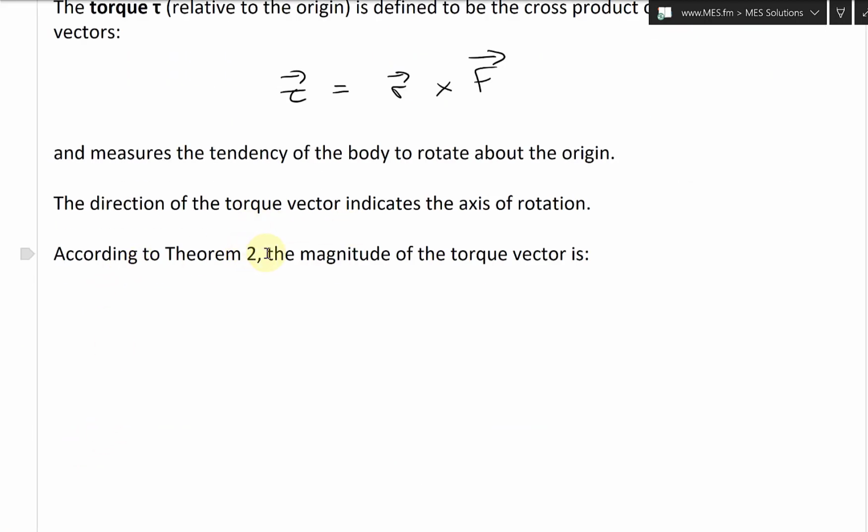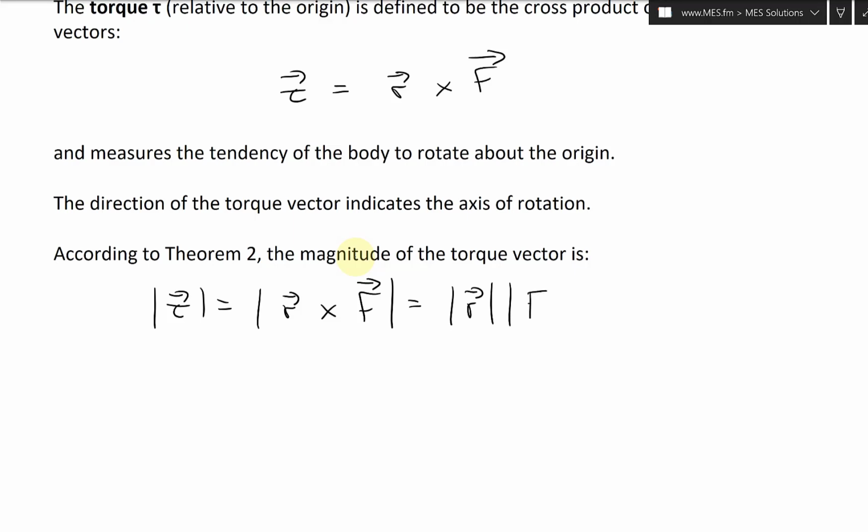According to theorem 2, the magnitude of the torque vector, meaning the length of the torque, is equal to the magnitude of the cross product r cross F, which equals the magnitude of both the position vector and the force vector, times sine theta.